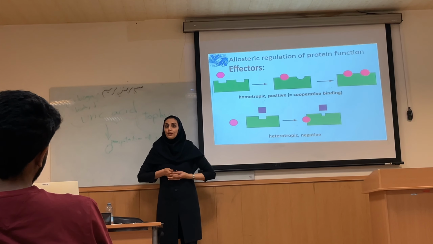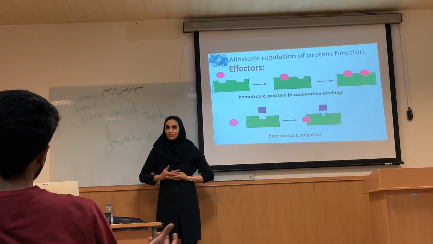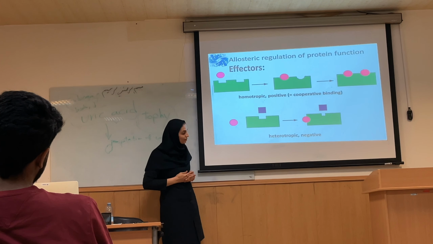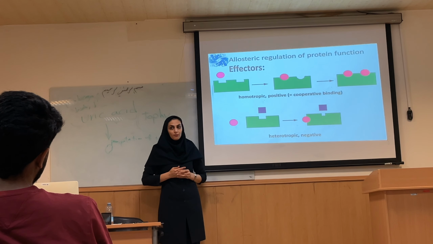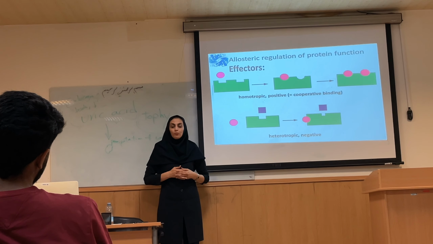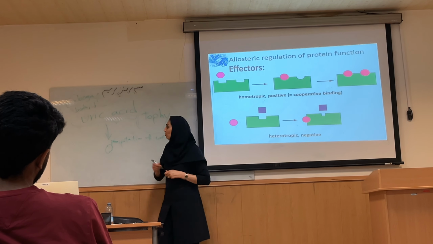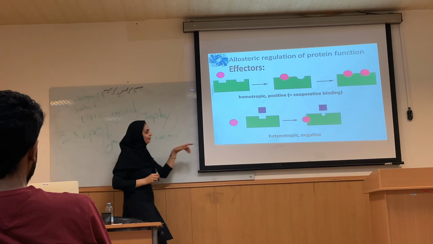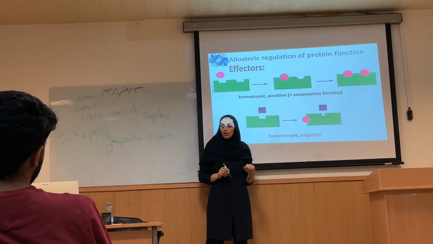Oxygen binds to the heme group, so it makes it easier for successive oxygen molecules to bind. This is homotropic. And about heterotropic? It is 2,3-bisphosphoglycerate, 2,3-BPG. It is a negative and heterotropic effector for hemoglobin.